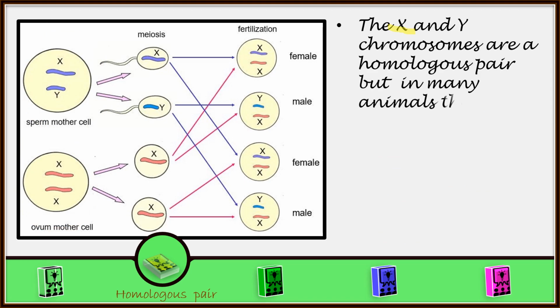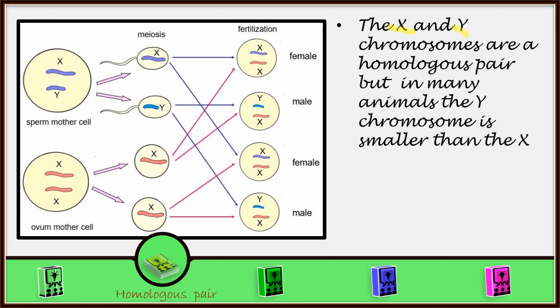The X and Y chromosomes are a homologous pair, but in many animals the Y chromosome is very small compared to the X chromosome.